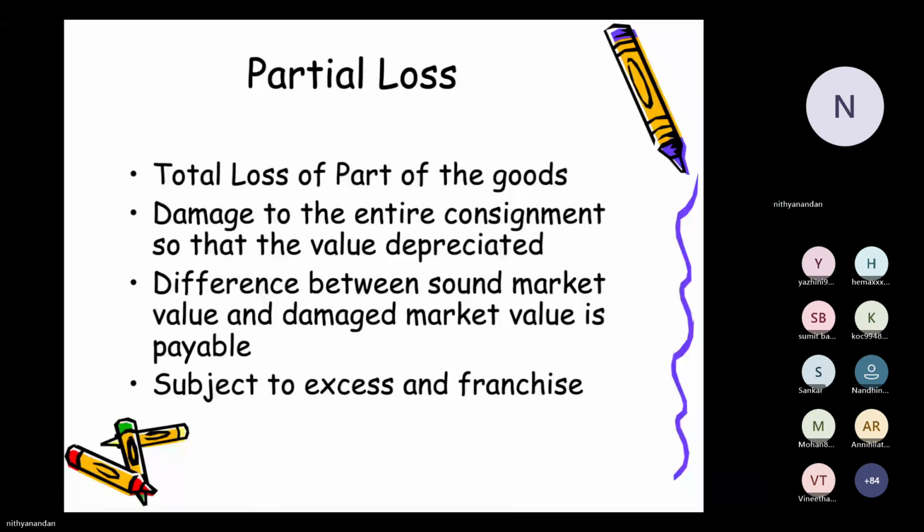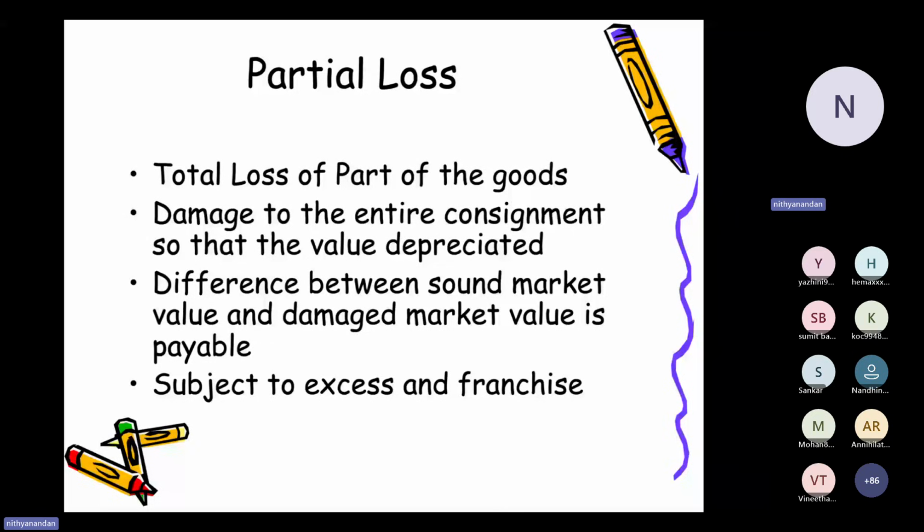Partial loss. Partial loss can also happen in two ways. One is total loss of part of the goods. Twenty bags out of 100 bags are lost. So, total loss of part of the goods. Or damage to the entire consignment so that the value is depreciated. Take the case of cloth.